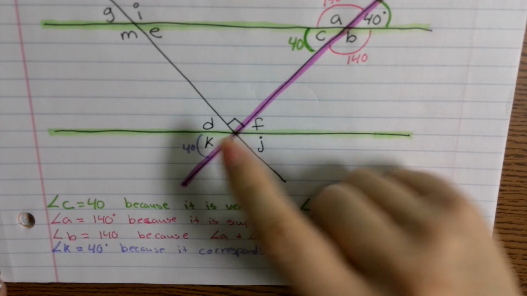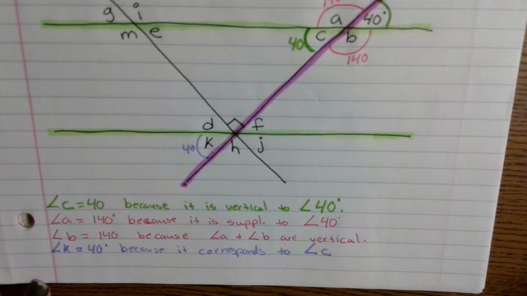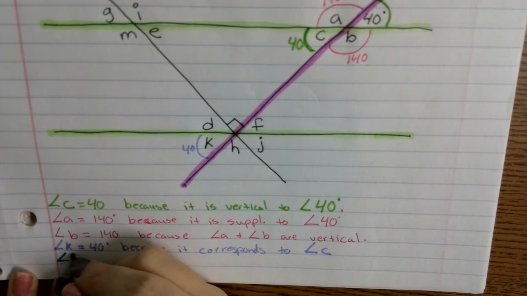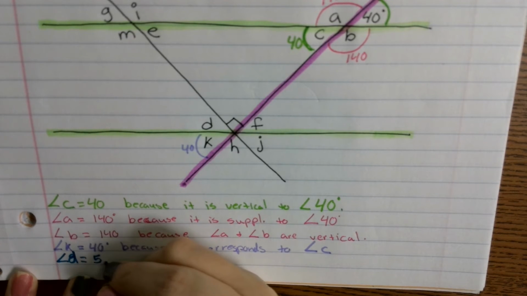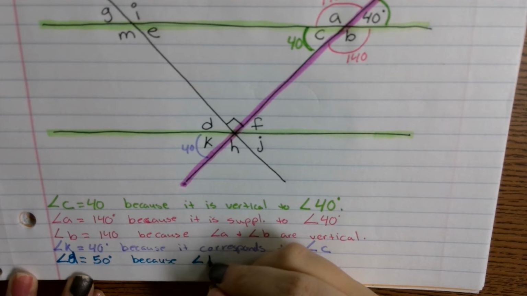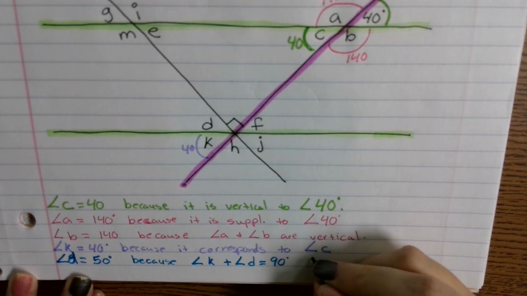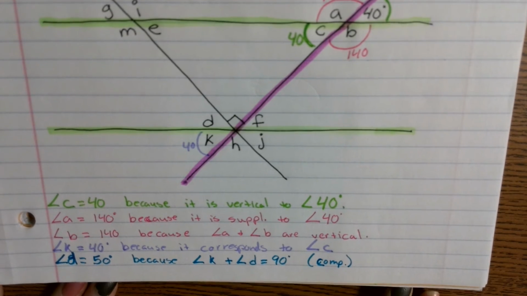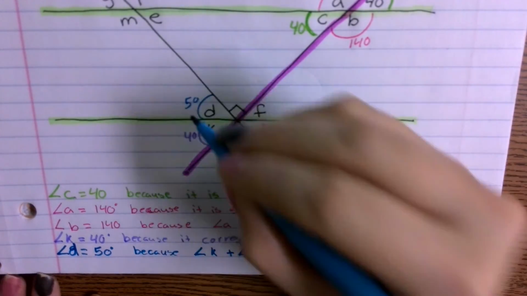Does that make sense? If it's right here, it's right on this side as well when you connect them together to form that straight line. So we'll focus on just saying it's complementary for K and D. So angle D is going to be equal to 50 degrees because angle K plus angle D equal 90 degrees. It's complementary. So I'm going to fill in that angle D is 50 degrees.